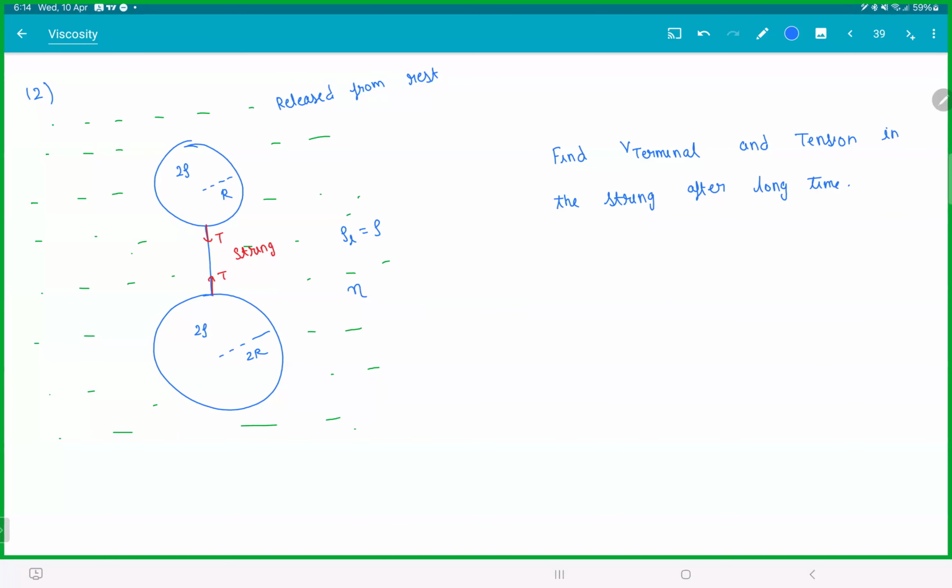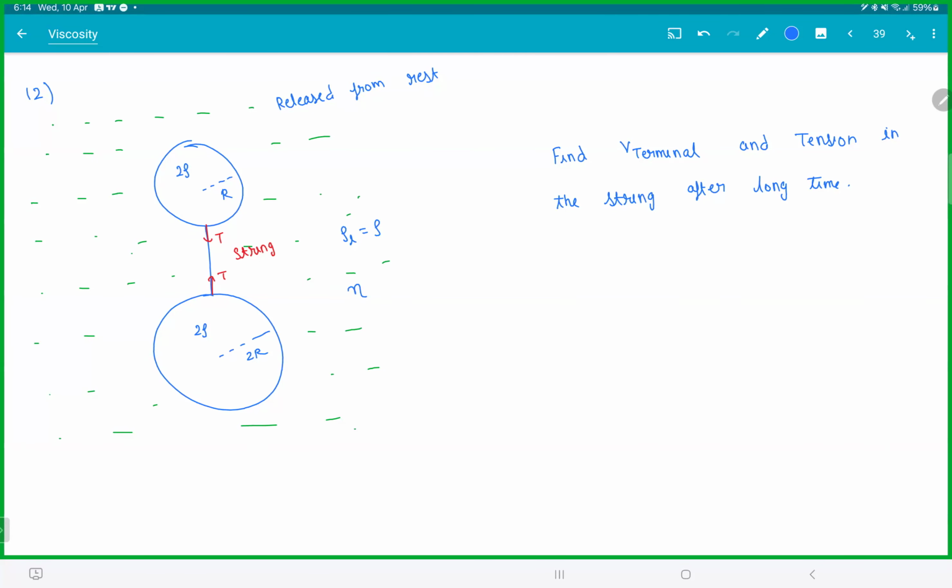I think we have two answers with the same thing. You can type your answers in the chat box here. So we have 2 by 3 R square rho g by 3 eta. Might be right. Try. Another 30 seconds, I'll show you.